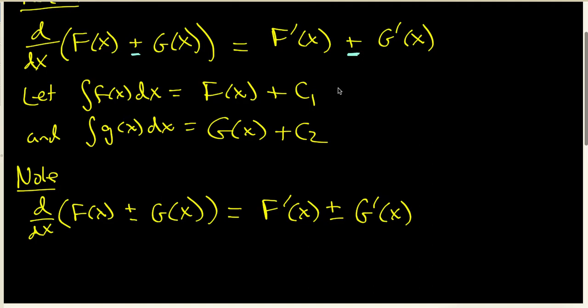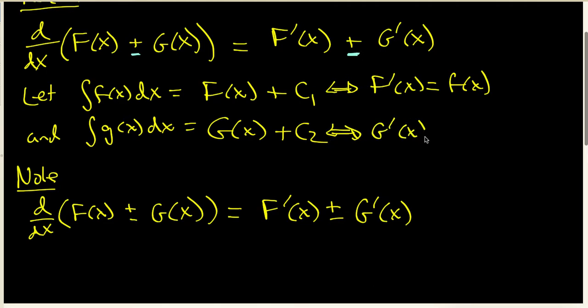But now this fact up here says that capital F prime is exactly equal to little f, and this fact here says that capital G prime is equal to little g of x. And so I can use these facts down here to say that the derivative of capital F plus or minus capital G is going to be little f plus or minus little g.